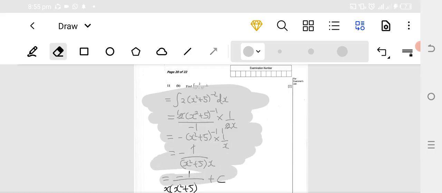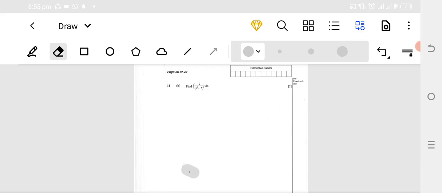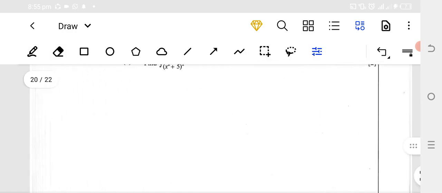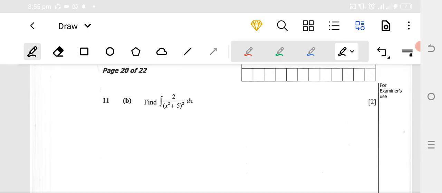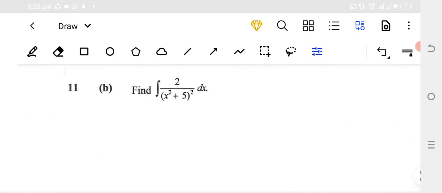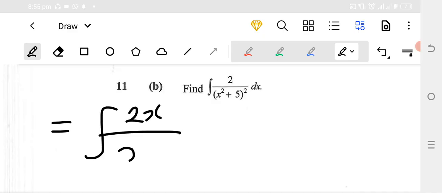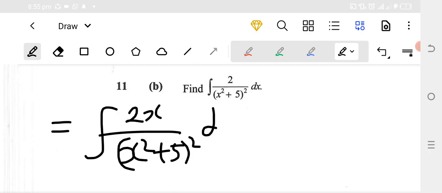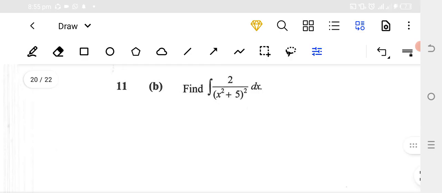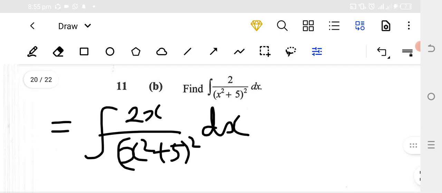So that was it. But I'm going to answer it again. If it was written in the normal form, it was supposed to be written like this for us to be able to even attempt it. It is equal to the integral of 2x, you divide by x squared plus 5 to the power 2 dx.